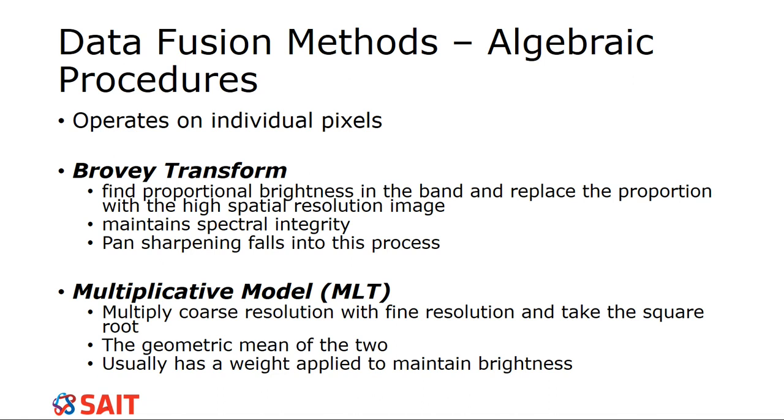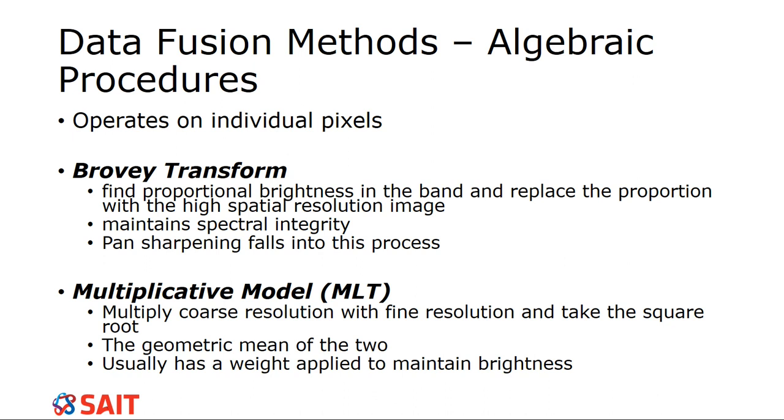Now this area has a lot of high spatial frequency, so I'm going to adapt that high spatial resolution image to that particular area. So it does maintain my spectral integrity because I'm not actually removing any bands. I'm just taking my panchromatic image, and I'm trying to adapt my image based on what I'm finding in terms of brightness.